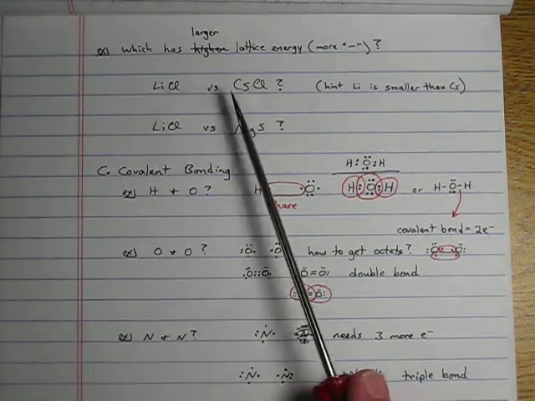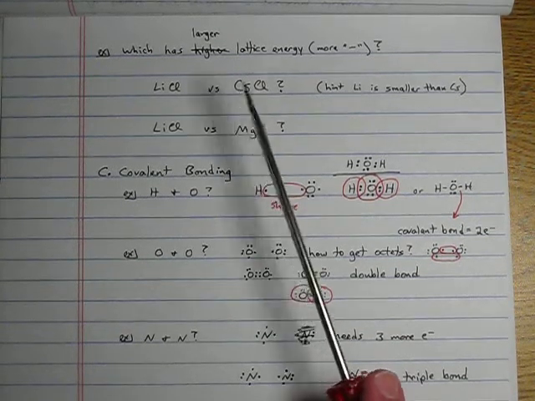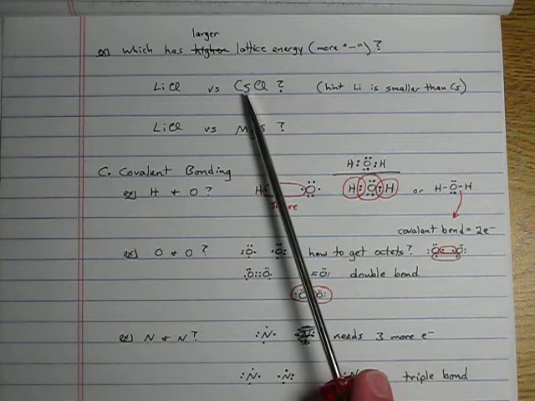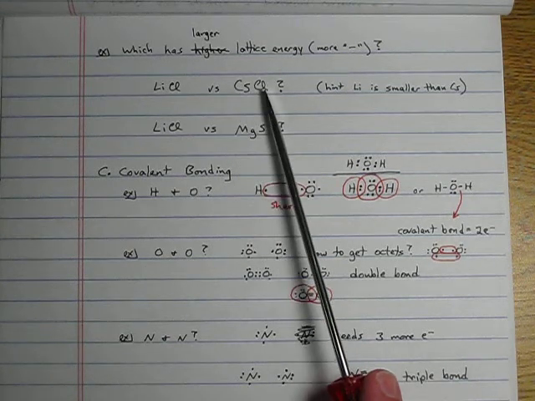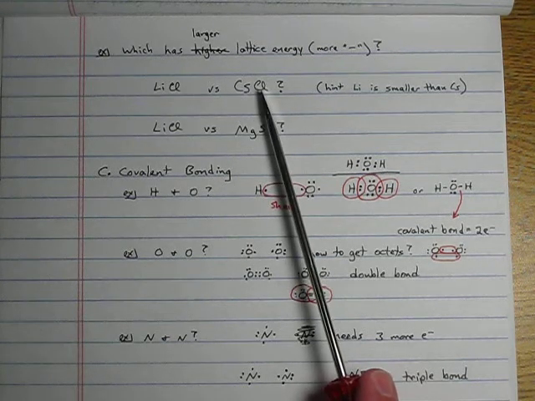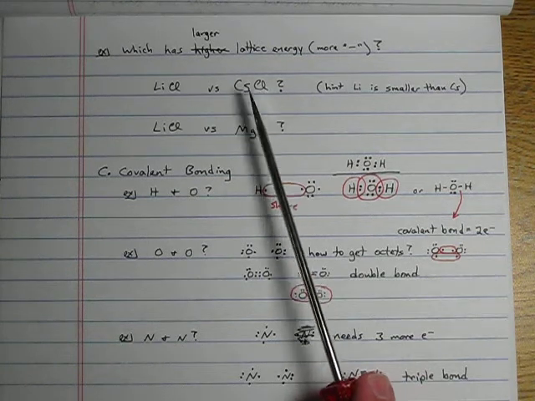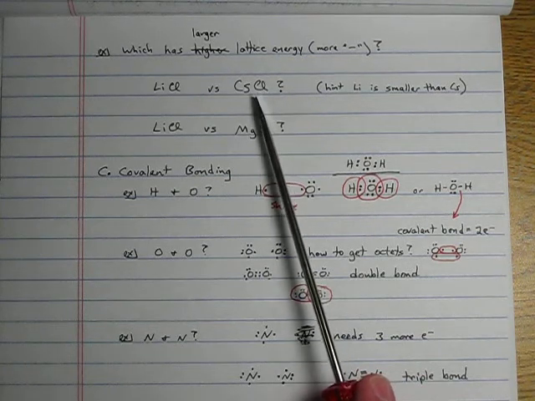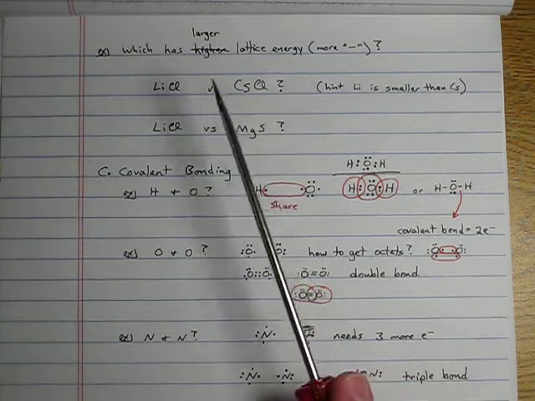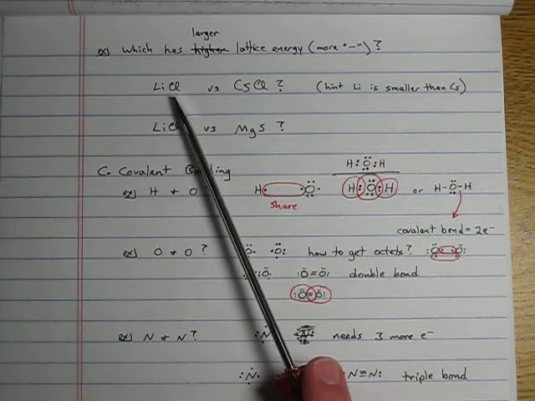Since both lithium and cesium are +1, but cesium is larger, we know that CsCl is going to have a less negative lattice energy than lithium chloride.